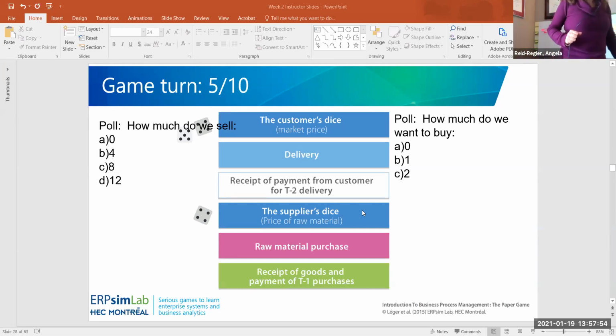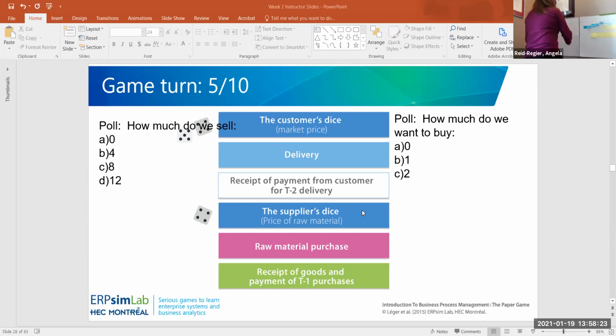And then we need to be invoiced. So 1 sheet at $6 each is what we're going to have to pay next round. So there's the invoice from our supplier.